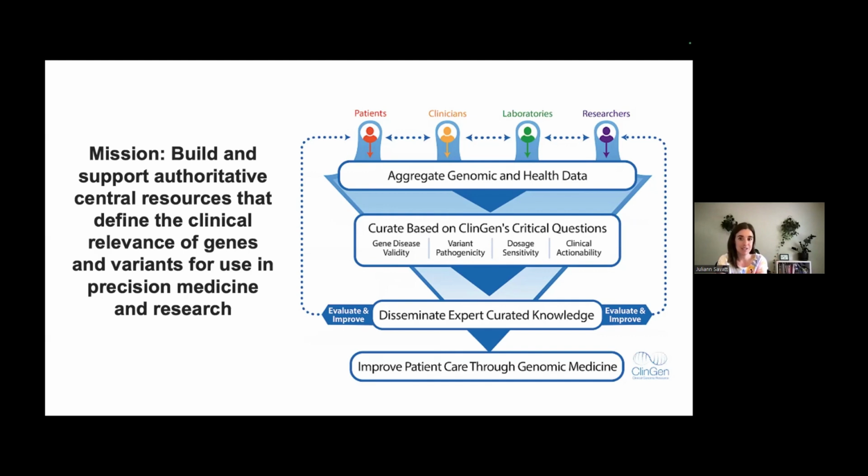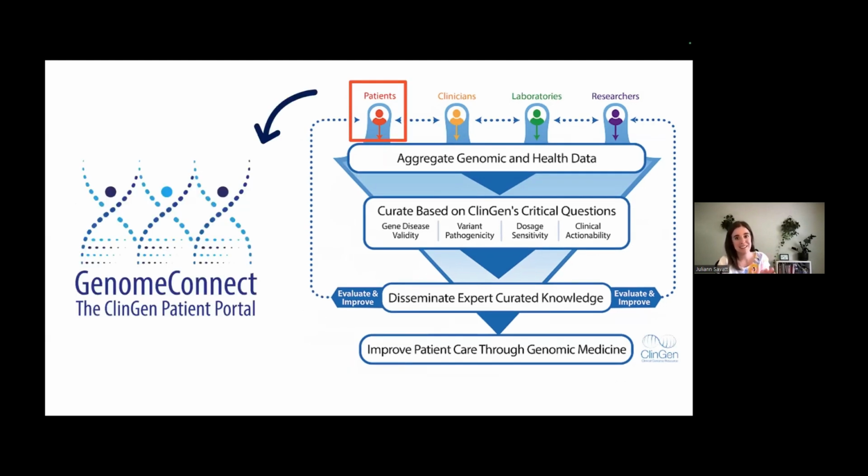Ultimately, the goal of ClinGen is to improve clinical care, inform clinical care, and ensure that patients are receiving the best care they can. There are a number of pieces of the ClinGen project that you can see on this infographic. And the one that we'll focus in on is GenomeConnect, and we'll touch on a few others during the discussion today.